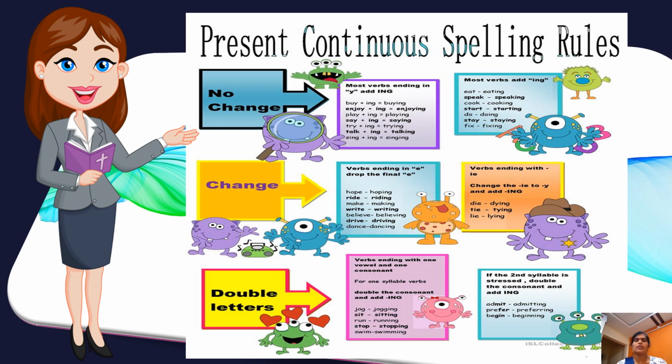For example, the word jog changes into the present continuous word with the spelling jogging. So children, these are some of the spelling rules to be followed while changing the present tense verb into the present continuous verbs.